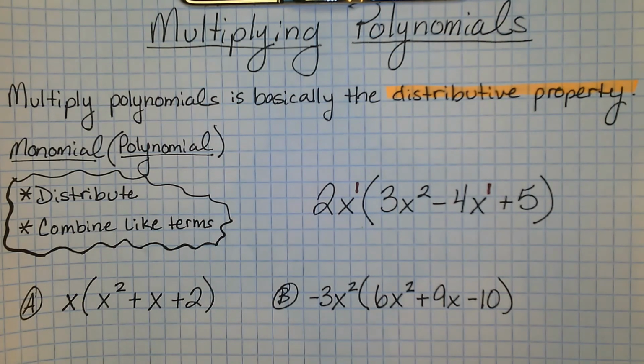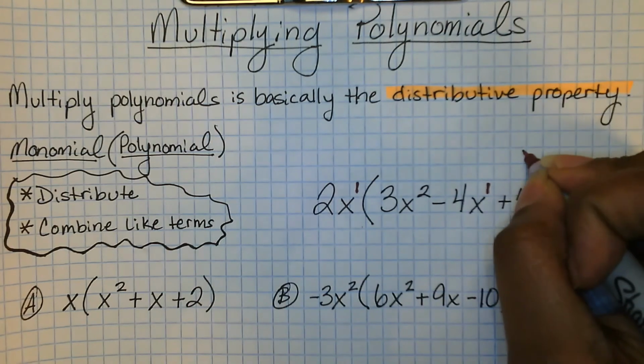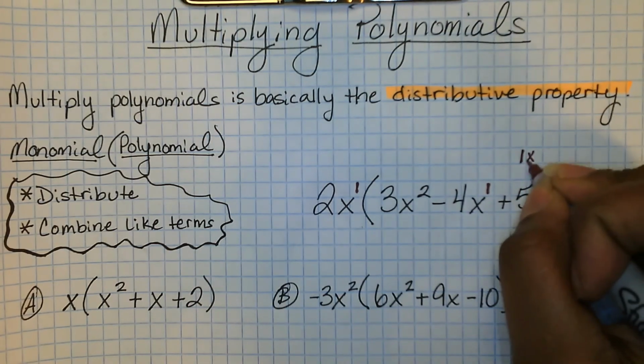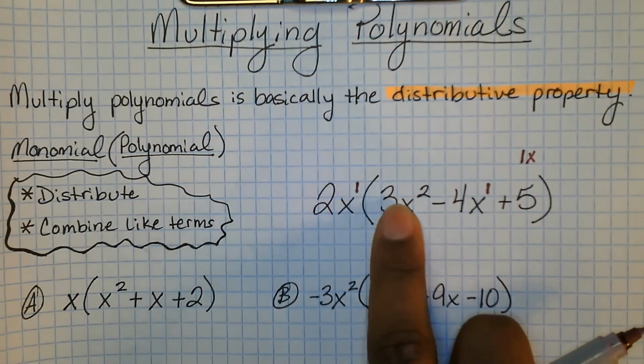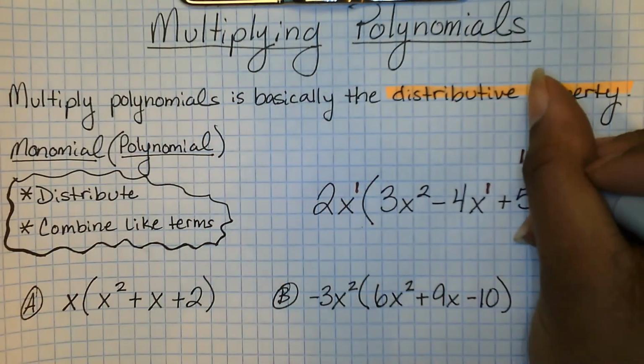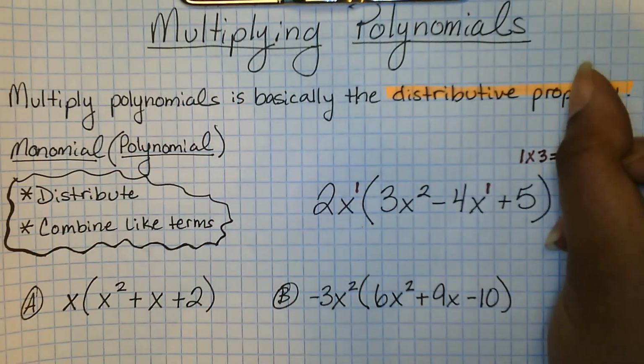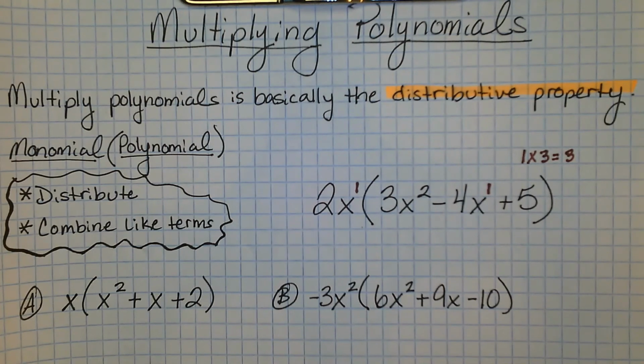This is a monomial, which is one term, times a trinomial, which has 3 terms. 1 times 3 is 3, so after I multiply, I should have 3 terms in my answer.